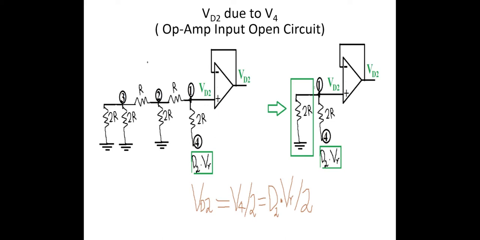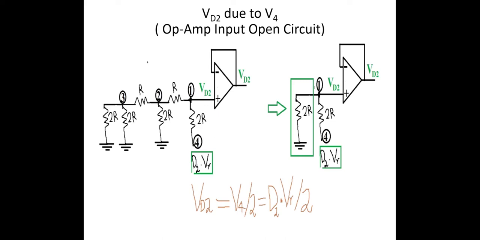Now here we will use the property of the circuit that we just derived, that is all the resistances to the left of node 1 can be combined to obtain an equivalent resistance which is equal to 2R. So this simplifies our circuit, which you can see on the right side of this slide.